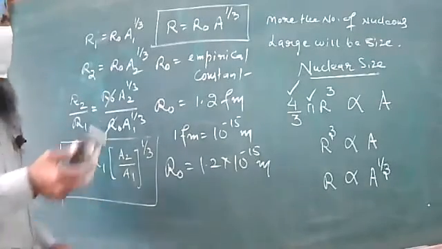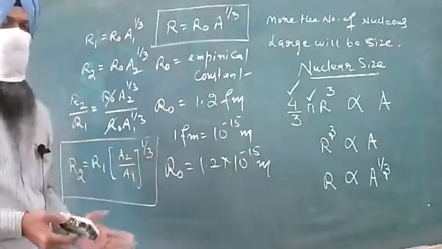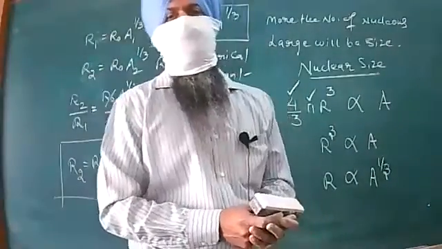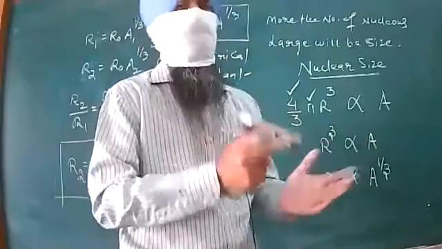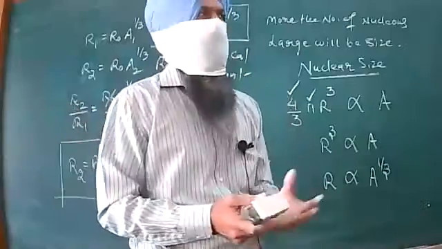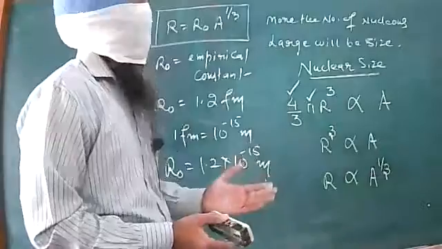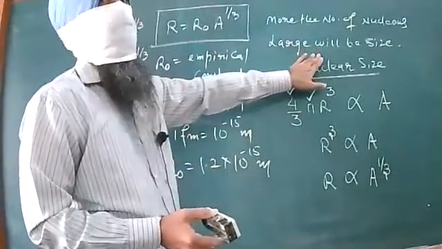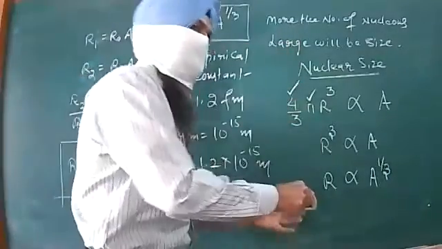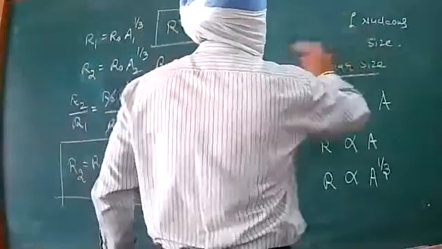Then after this, dear children, a very important concept is nuclear density. You might have heard that nuclear density has the highest value. The normal matter we see around us is very light in comparison to the nuclei, or we can say that nuclei are approximately 10 raised to the power 11 to 13 times more dense in comparison to the ordinary matter we use in our daily life.